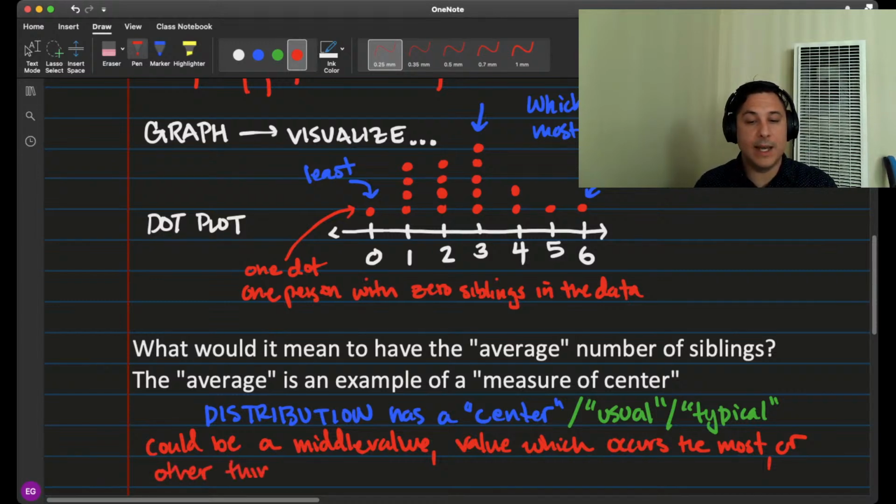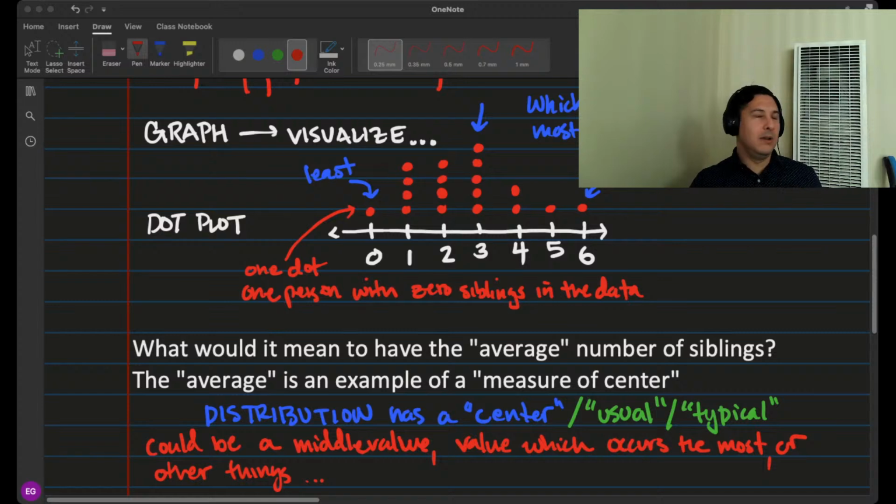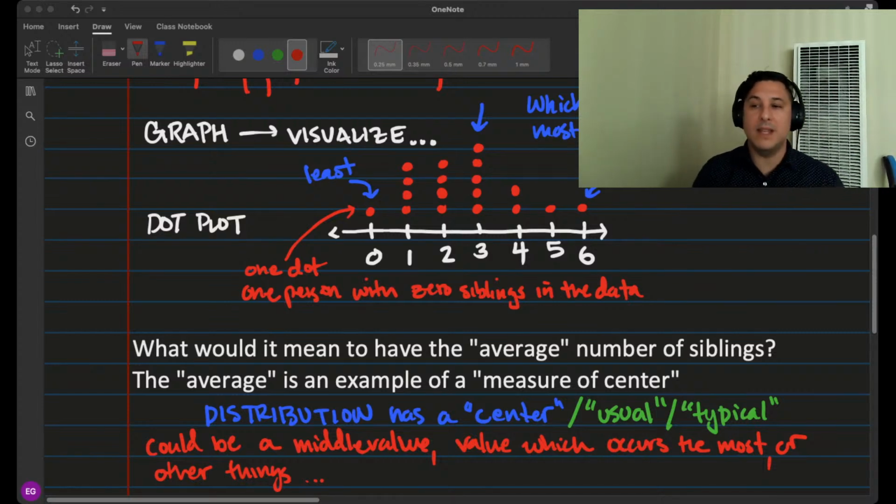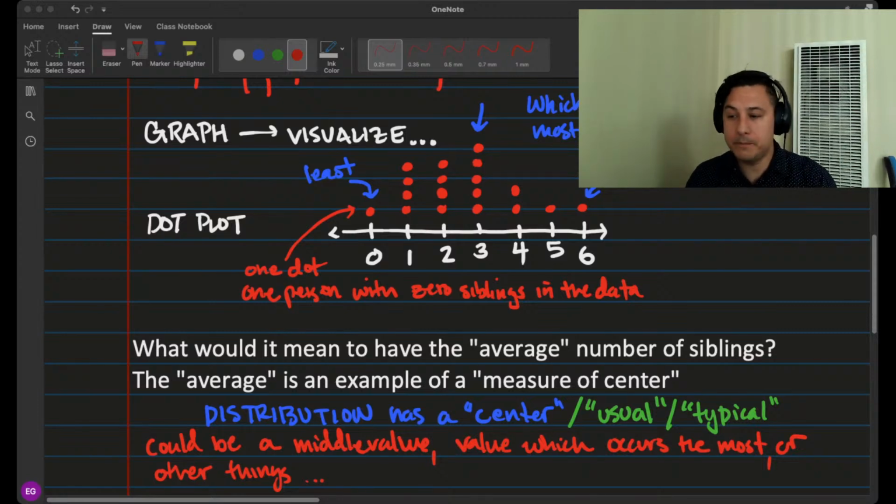The fact is that it's negotiable what you mean by typical. We could say that what's typical will be the number in the middle. We could say what's typical is the thing that happens most often. Or you can come up with some other way of describing it. But the fact is that when we're talking about the average, we're trying to say that that's what's typical about what you're seeing in your data.